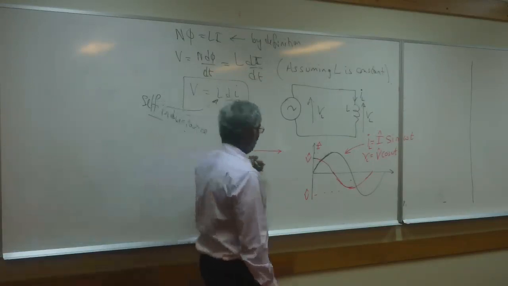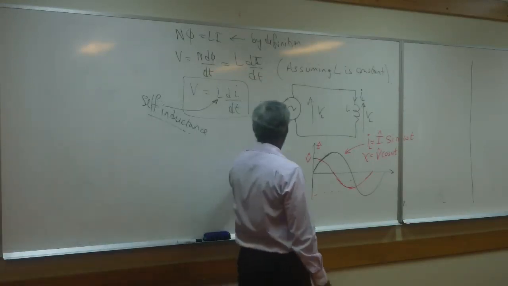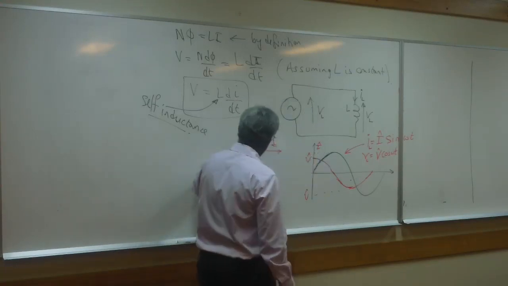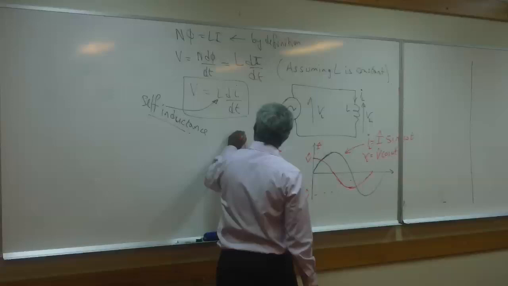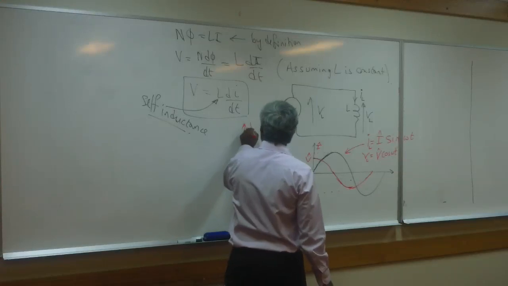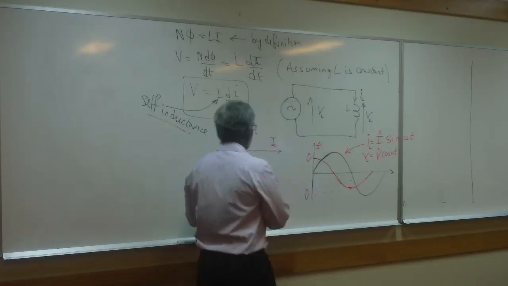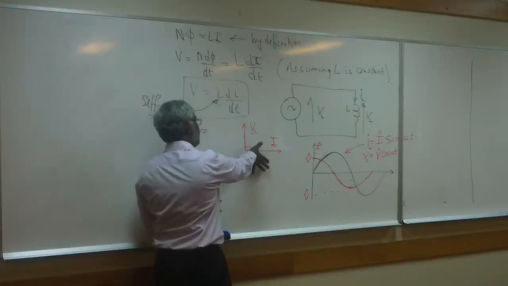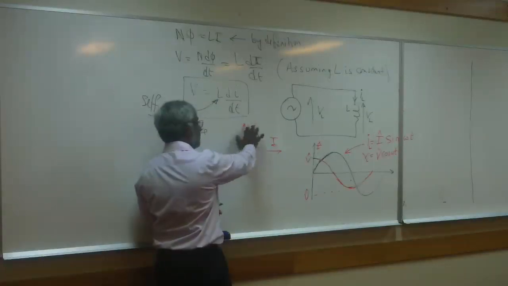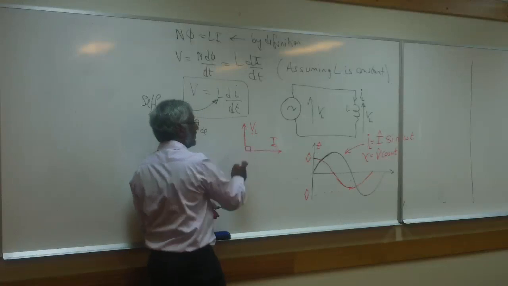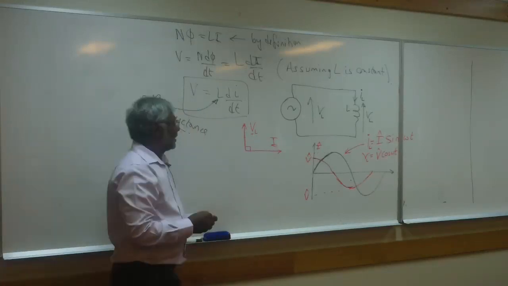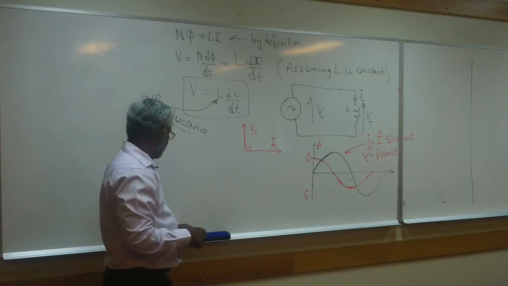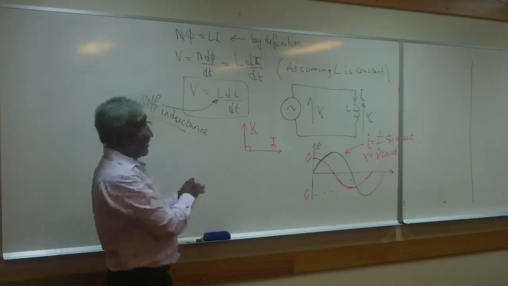So you could draw the current horizontal, and if you did, then the voltage would be leading by 90, so the voltage would be there. But as I say, it doesn't have to be horizontal. As long as this angle is a right angle, that could be anywhere, as long as you keep this 90. Okay, so this is the picture there, which is really just a bit of revision.